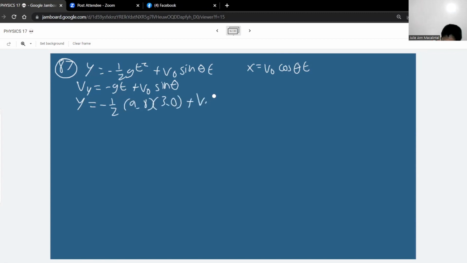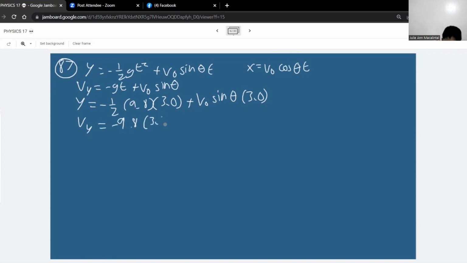Hindi natin magagamit yung y kasi hindi natin alam yung value ng y at 3 seconds eh. So, hindi na gagamitin yan. Instead, gagamitin natin yung condition ng maximum, which means v sub y is 0. So, we'll use the second equation. So, 0 equals negative 9.8 times 3.0 plus v sub 0 sine theta.